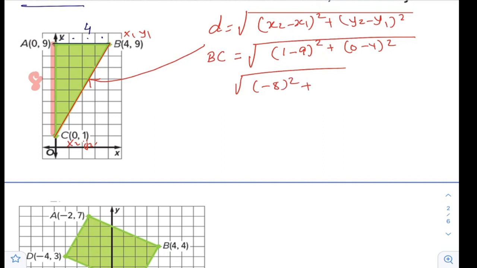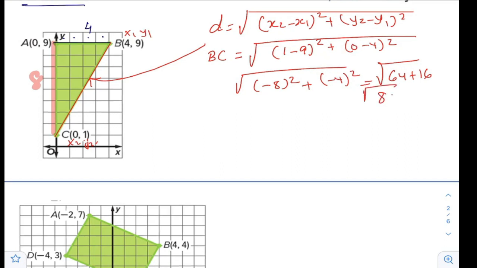So minus 8 all squared plus minus 4 all squared, which is square root of 64 plus 16. And it is 64 plus 16, square root of 80. And if you find the square root of 80, it is 4 radical 5. It can be rounded to decimal, it's about 8.9. But I will deal with the radical one because it's more exact.